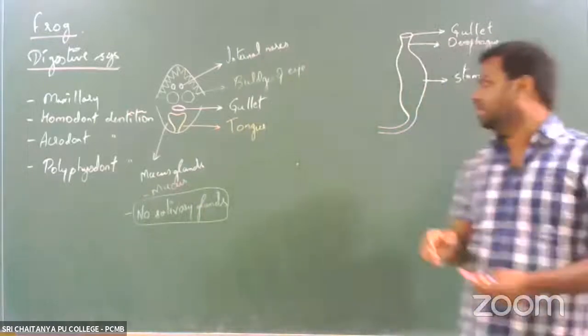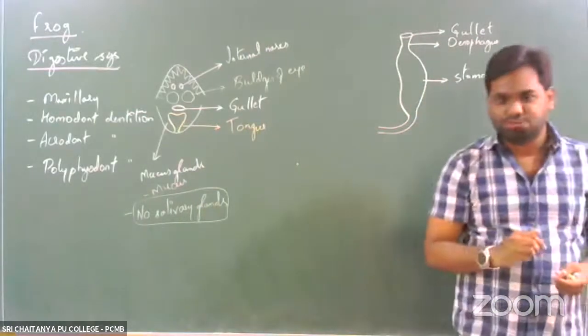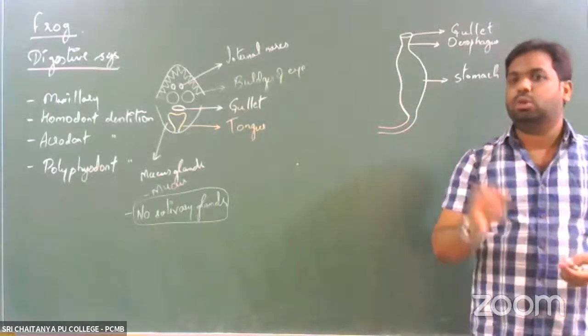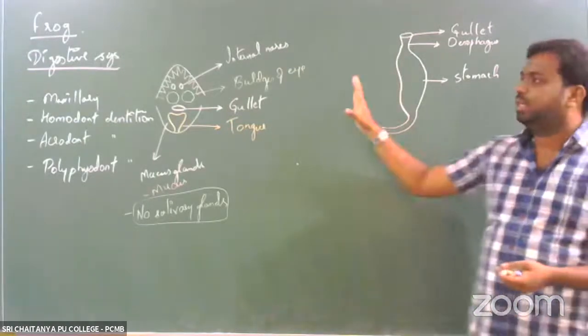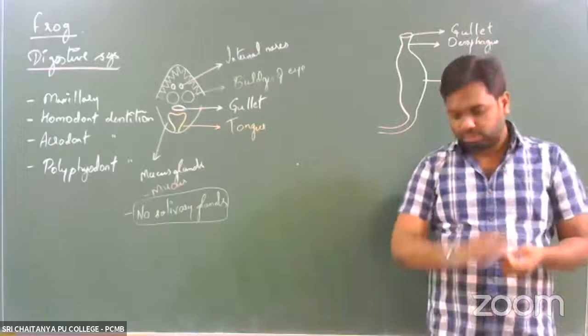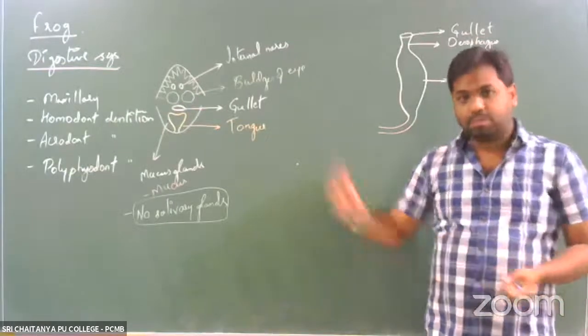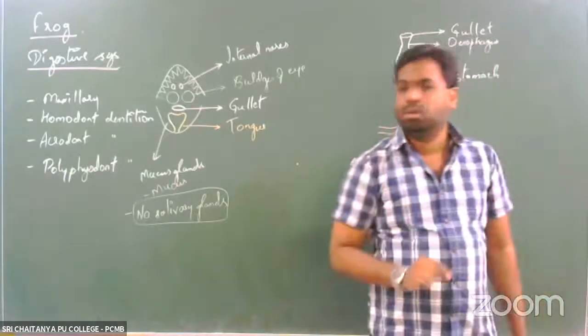The small intestine is characterized by two different structures. One is called the duodenum, and the other is called the ileum. As I mentioned yesterday, frogs are carnivorous organisms.